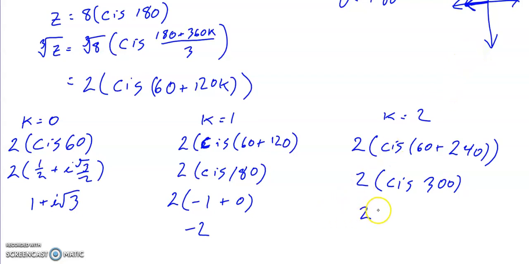So that's going to be positive 1/2 minus i radical 3 over 2. So 1 minus i radical 3. Boom. And those are the three roots when we find the cube root of negative 8. I think it's kind of cool.